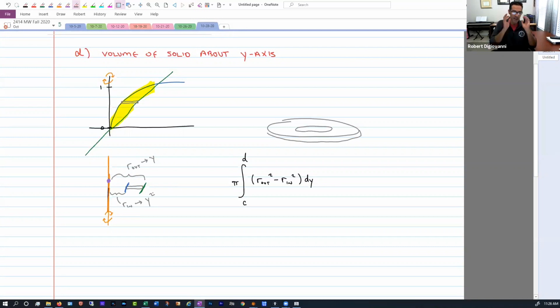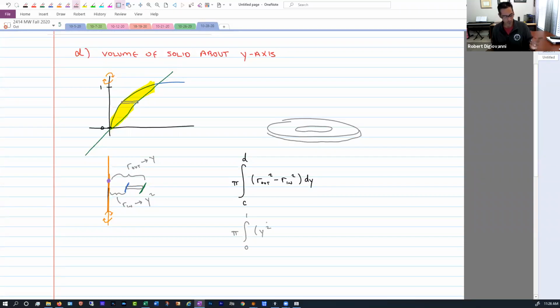So I'm using stuff that we've already learned in this problem, right? If the problem was presented out of the box like this and we hadn't done parts A, B, and C, then you might have to do some work here, right? But because we already know this, I'm just kind of moving with this problem. All right, I think that's everything we need. So this should be pi integral 0 to 1, because we know that the upper limit there is 1. The outer radius squared, so y squared, right?